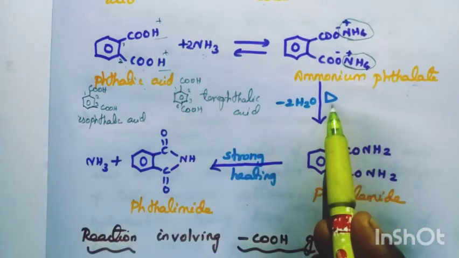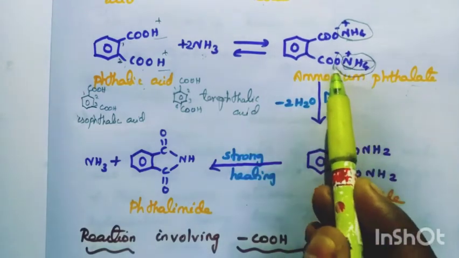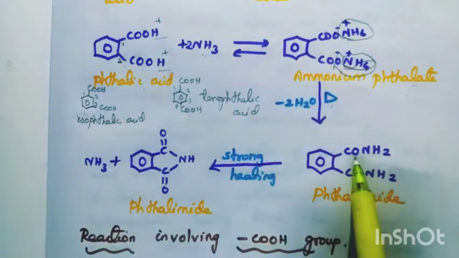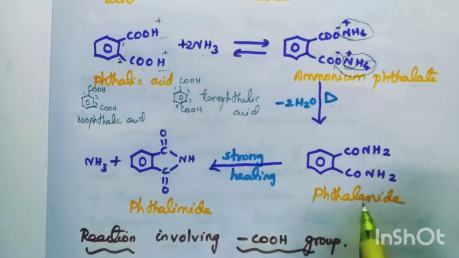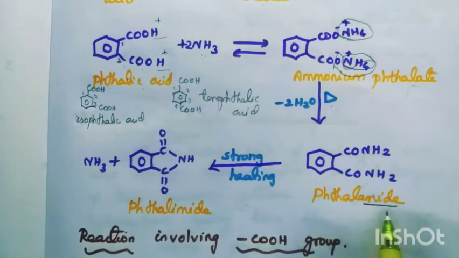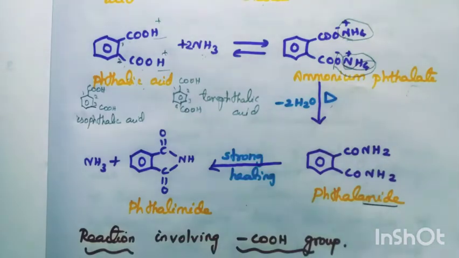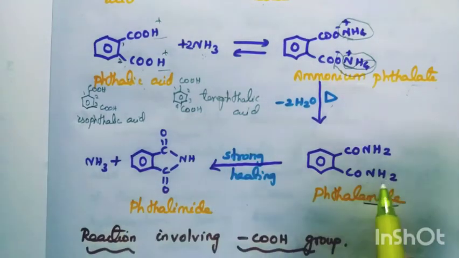Further on heating, it loses water molecules, same manner here. So it is converted to CONH2, an amide. It is prepared from phthalic acid, so it is called phthalamide. Now strong heating. On strong heating, what happens?